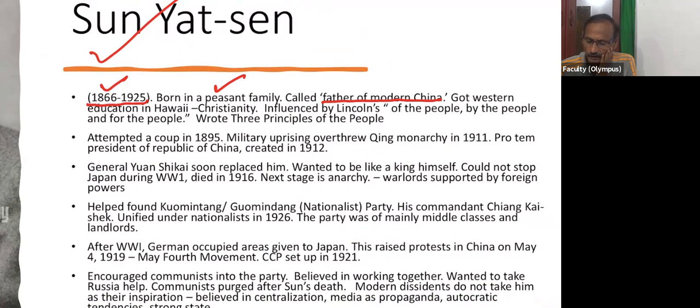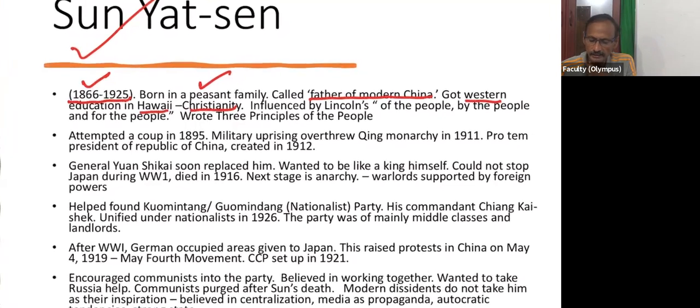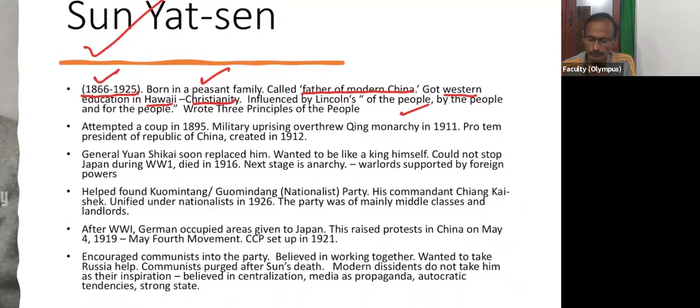And he got Western education in Hawaii. He studied in a Christian school and was influenced by Christianity, and influenced by Lincoln's idea of democracy: of the people, by the people, and for the people.